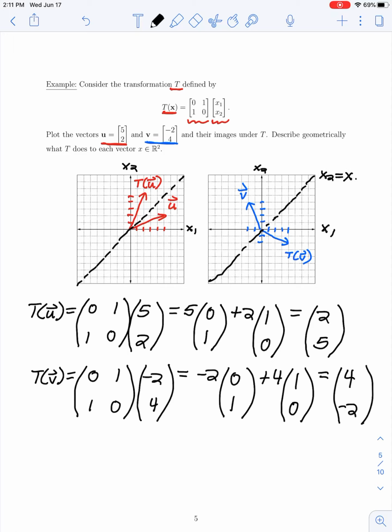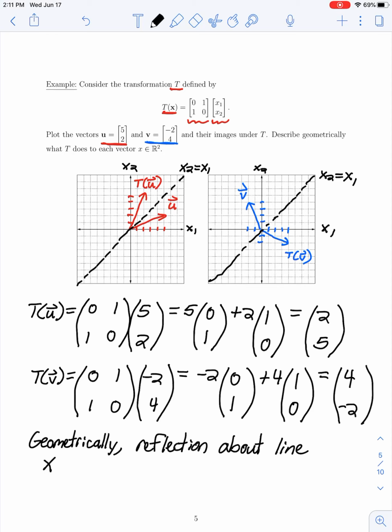So here the line x1 equals x2 is shown in black, and we can see from our sketches that we are reflecting the given vector about that line. So for this one, geometrically, we have reflection about the line x1 is equal to x2.